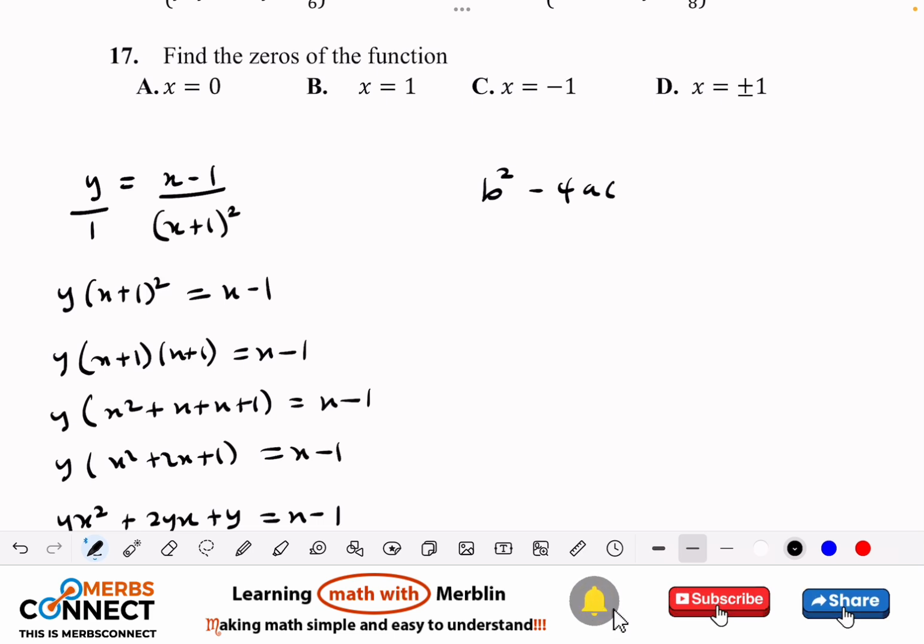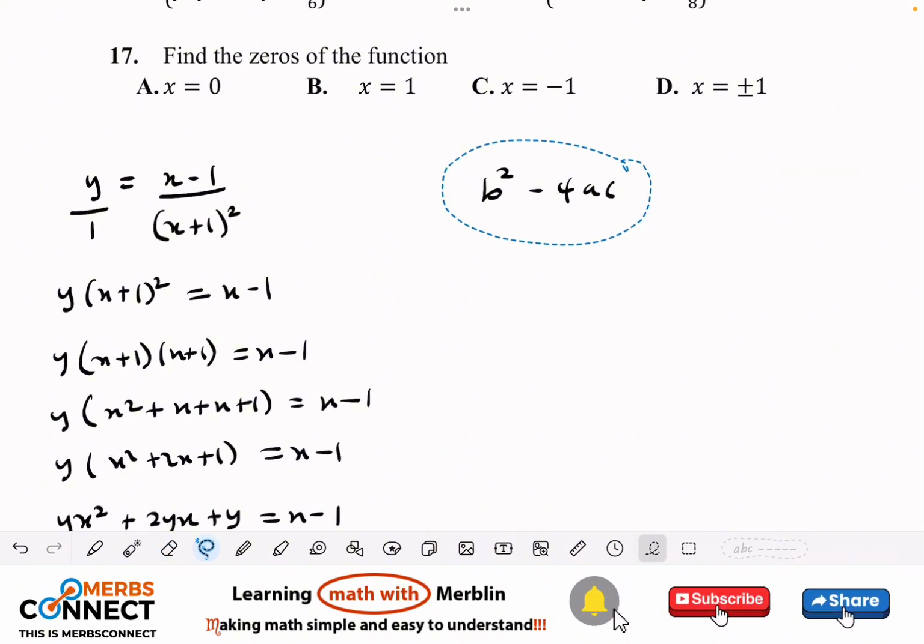But the question is, since we are using the discriminant, is it going to be greater than, or less than? The discriminant is either equal to 0, greater than or equal to 0, or less than or equal to 0. We don't know, right? So for us to know, let's check if this is minus.